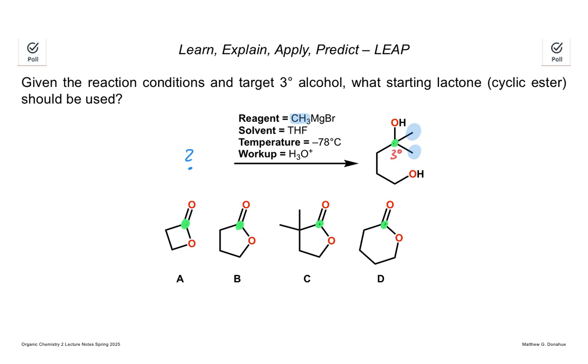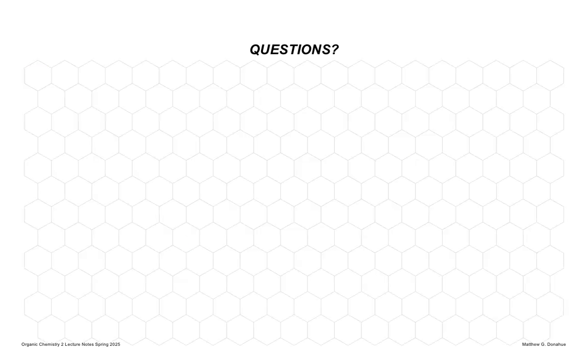So the algorithm is identifying what carbon becomes the carbonyl carbon, and then just counting. So don't get fooled by distractor things that really can't get into the molecule some other way. Questions?